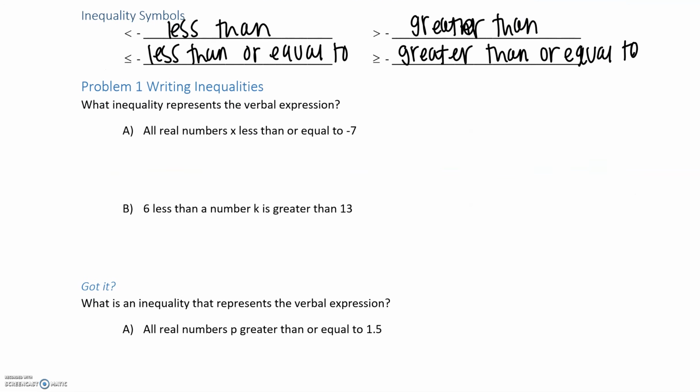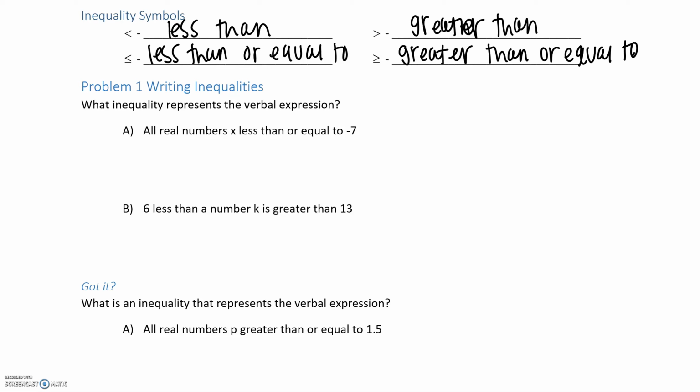So we're going to write inequalities just from words. We did this at the very beginning of the year. I know everybody loved it. We're going to do it again. So instead of having the word is in between all of these, we're going to have either less than or equal to or less than, greater than, all that stuff. So what I want to see first is what our inequality expression is.